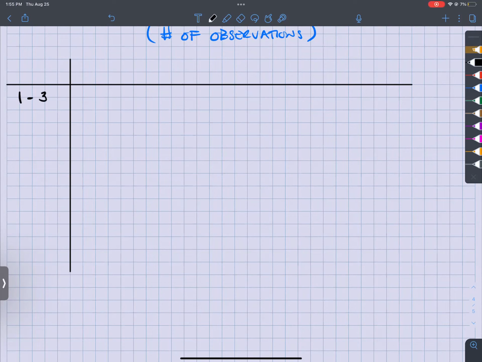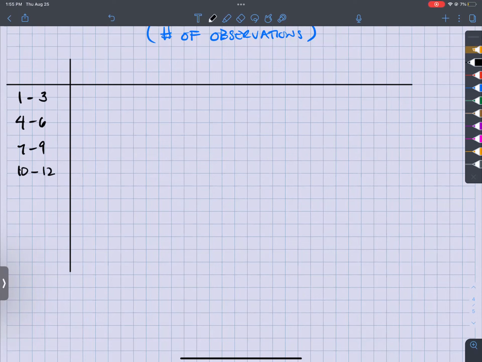So if this covers 1, 2, and 3, the next one has to cover 4, 5, and 6, and then 7, 8, and 9, and then 10, 11, and 12. So this would cut down the number of categories.